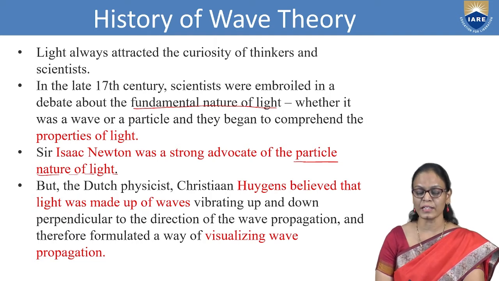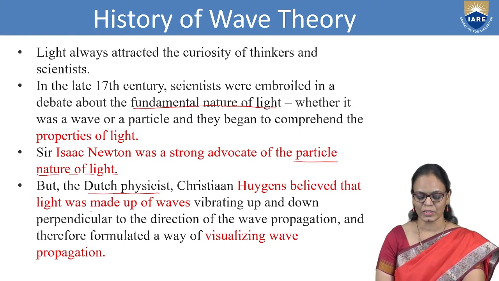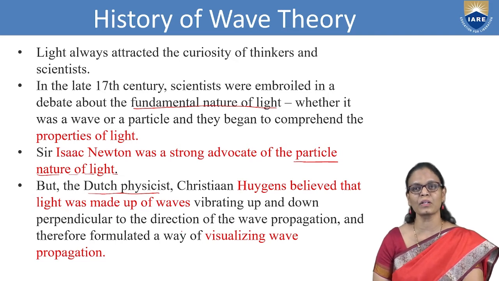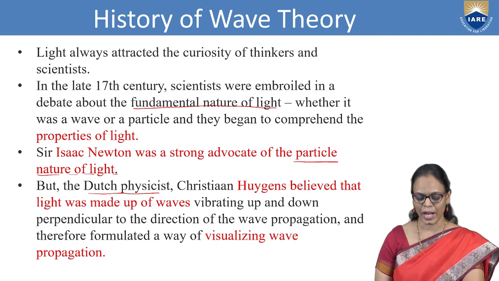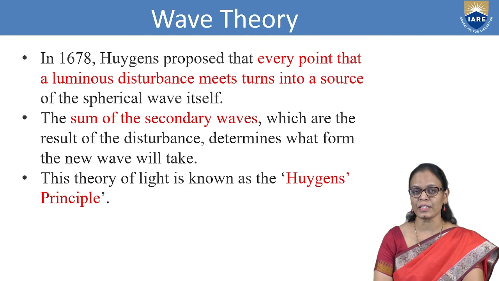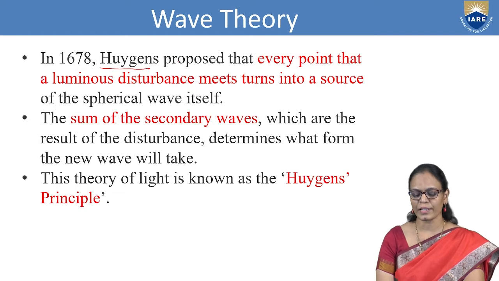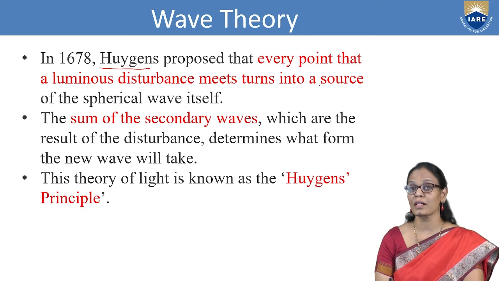The Dutch physicist Christian Huygens believed that light was made up of waves vibrating up and down perpendicular to the direction of wave propagation. He also formulated a way of visualizing the wave propagation. Then in 1678, Huygens proposed that every point that a luminous disturbance meets turns into a source of a spherical wave itself.